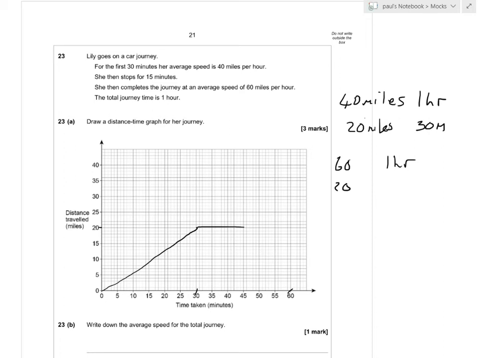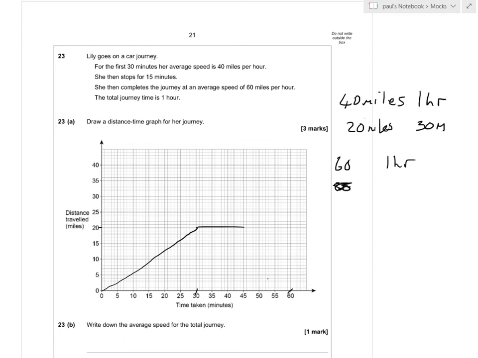Write down the total average speed for the... oh, distance time, so we're not going back. Oh, she's still going away from home. So in 20 minutes, she's going to do a third. Hang on, right.